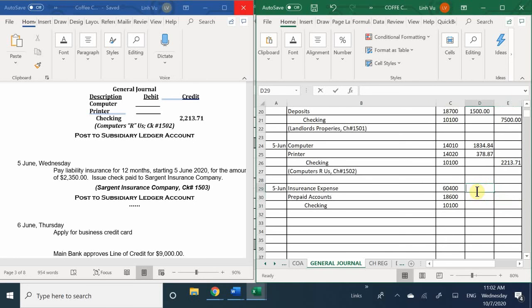So we're going to go 2,350 divided by 12, and we're going to get 195.83. Subtract this from the 2,350 to get a total of $2,154.17 as your remaining insurance for the rest of the year.